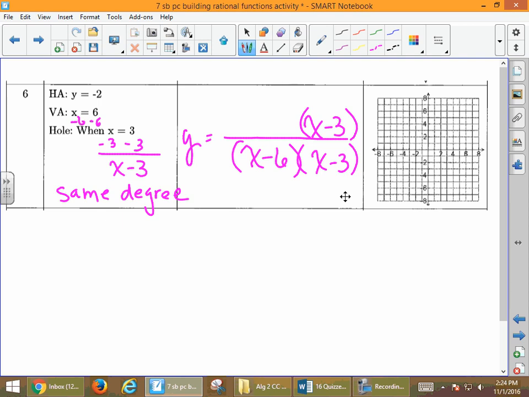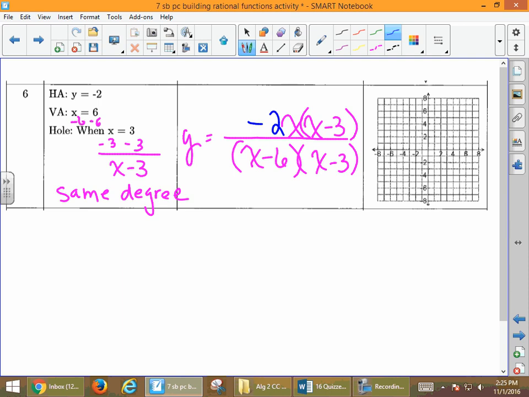So we need to have another x in here so that we have x times x is x squared. So we have an x squared value in the numerator. And then lastly here it says y equals -2. Well, we'd have -2.